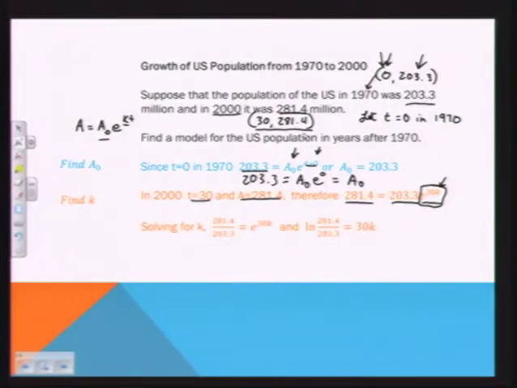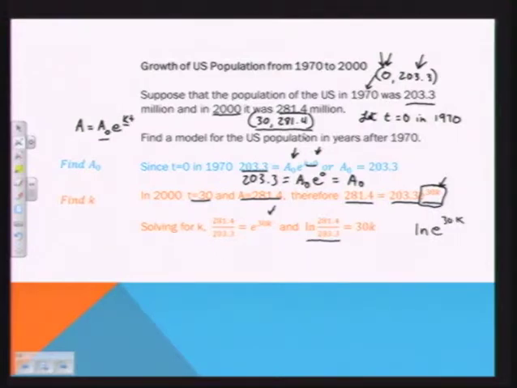But how did we get that k out of the exponent? If you recall, we did that by undoing exponents, which is taking the natural log of both sides. And so at this point, we get the natural log of our expression on the left side equals the natural log of e to the 30k.